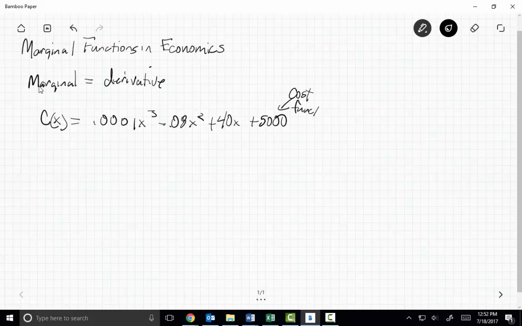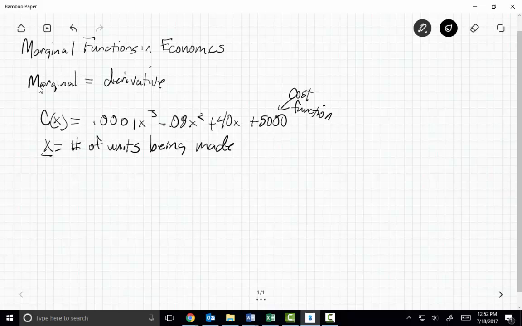Now what that means is if you give me an x, x is the independent variable, but in this case it represents the number of units being made. Now, these are super simple models. So basically, we are manufacturing X boxes because there's an X there.